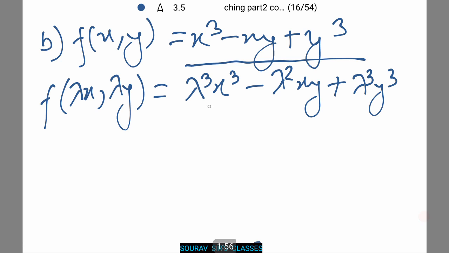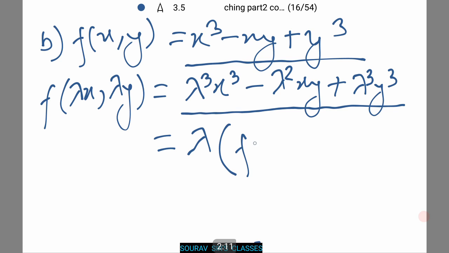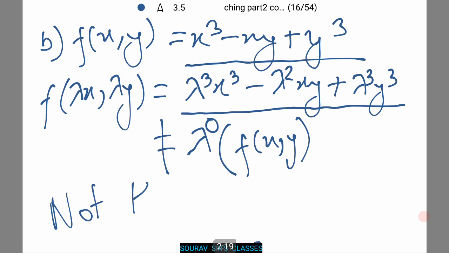In this we have lambda cube x cube minus lambda square xy plus lambda cube y cube. Notice we cannot put this function in any form such that lambda can come out with a power times f(x,y). Thus this function is not homogeneous.